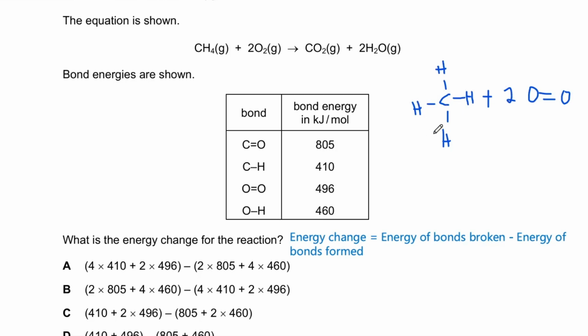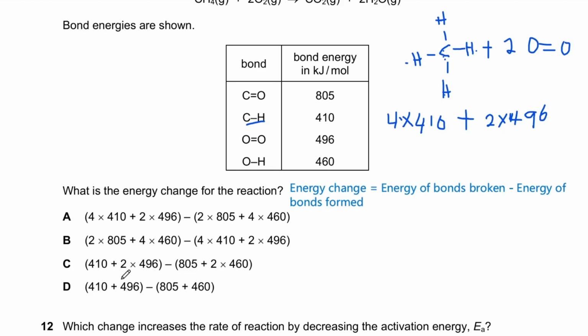Now for this reactant, we have carbon to hydrogen bond, one, then we have 2, 3, 4. So we have 4 carbon to hydrogen bond. So it's going to be 4 multiplied by 410. Plus we have oxygen and oxygen double bond, which is 496 for 2 of them. So it'll be 2 multiplied by 496.